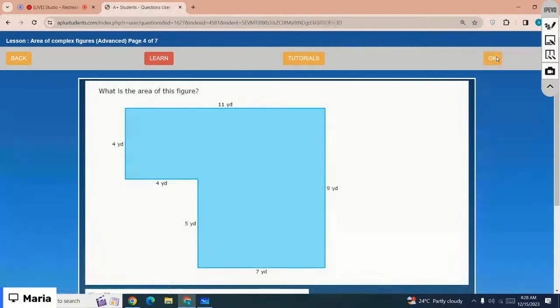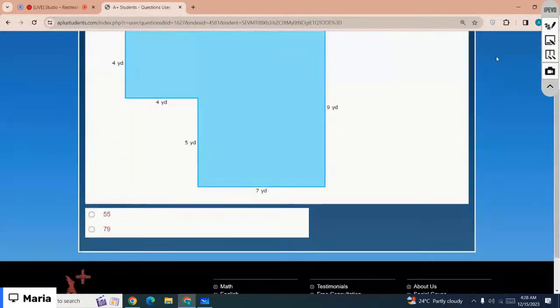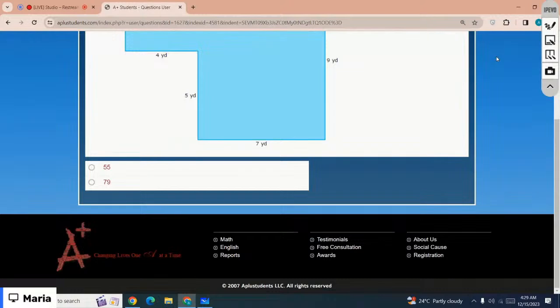Okay, what is the area of the figure? Which is the correct option? Here is the shape. Which is the correct option?